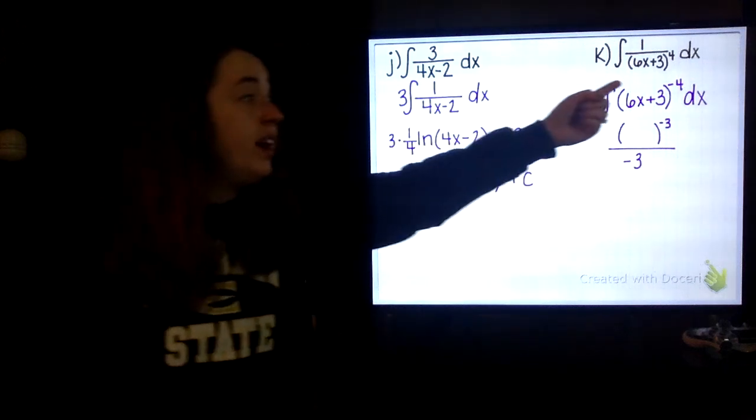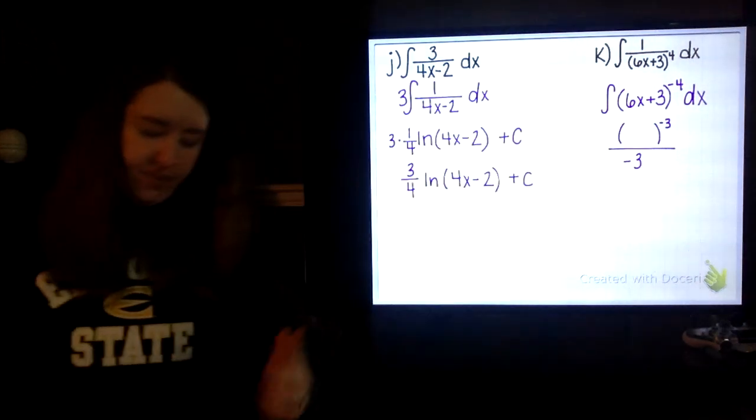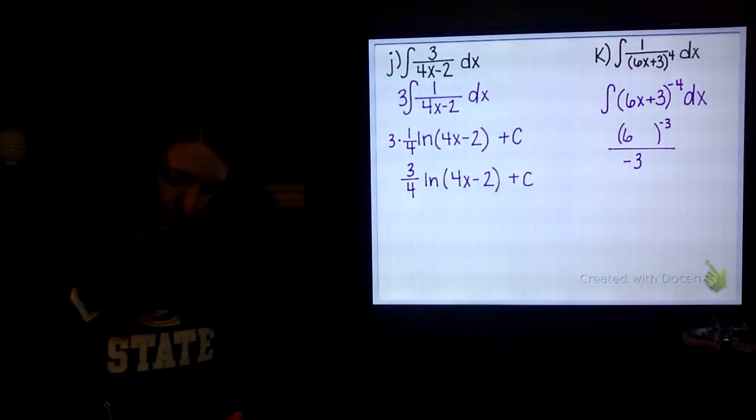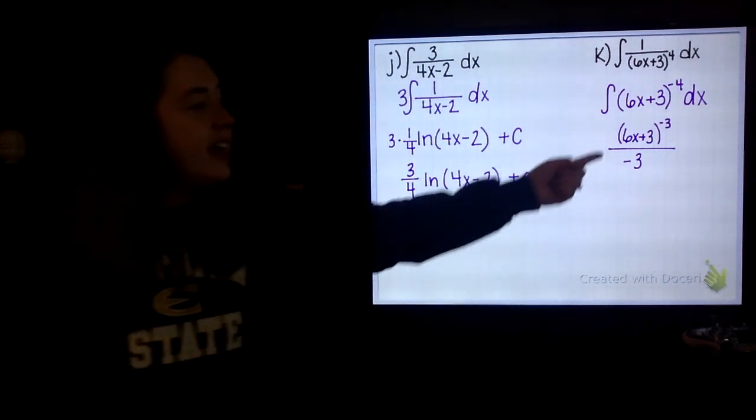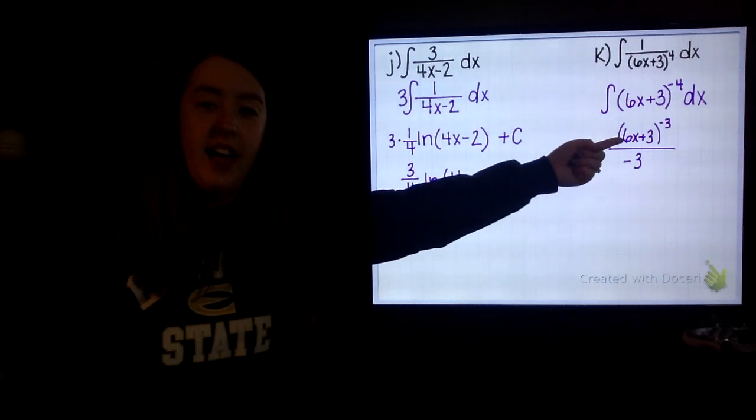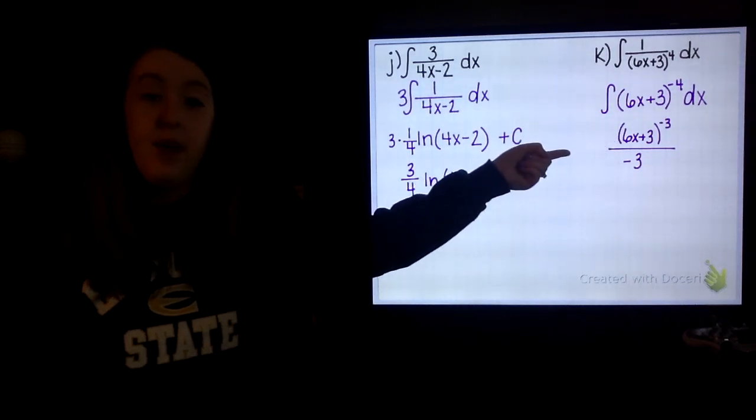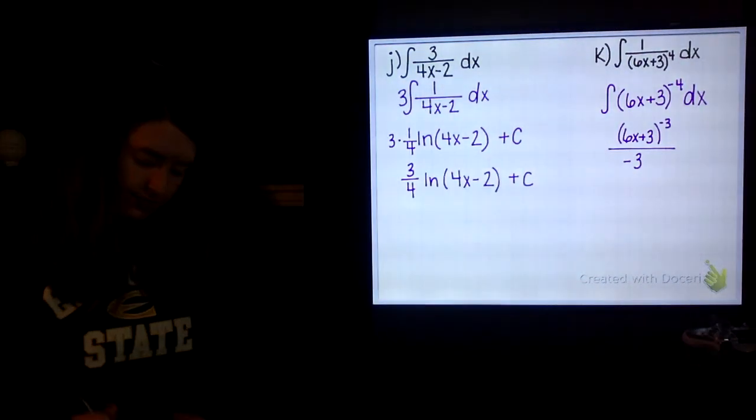And whatever was inside goes inside of my parentheses again. And since I have a value here on x, I need to multiply by 1 over that value.